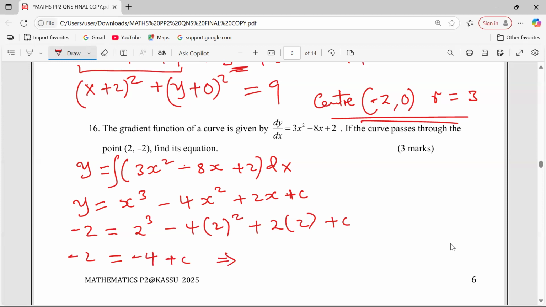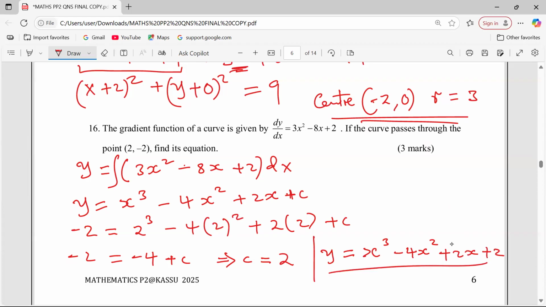And how do I remain with c? By taking 4 to the left, where it becomes positive: -2 plus 4, which is just 2. So the equation now that we have known the constant shall be x power 3 minus 4x squared plus 2x plus 2. This is now the specific equation for the particular curve.